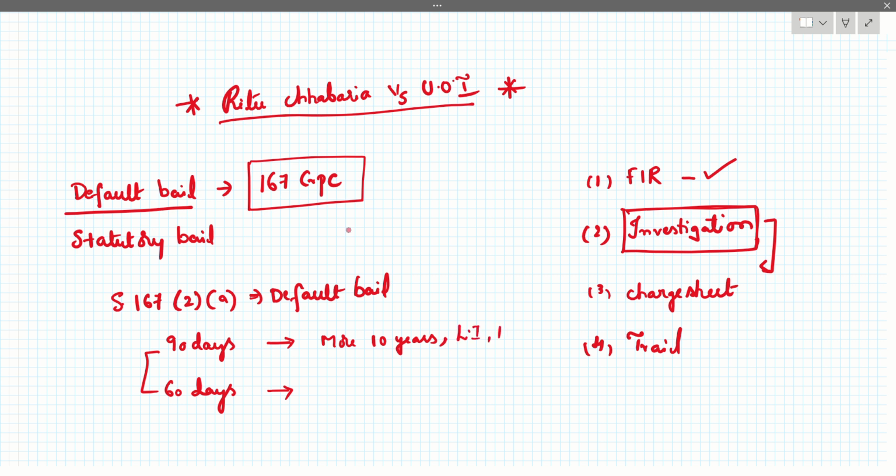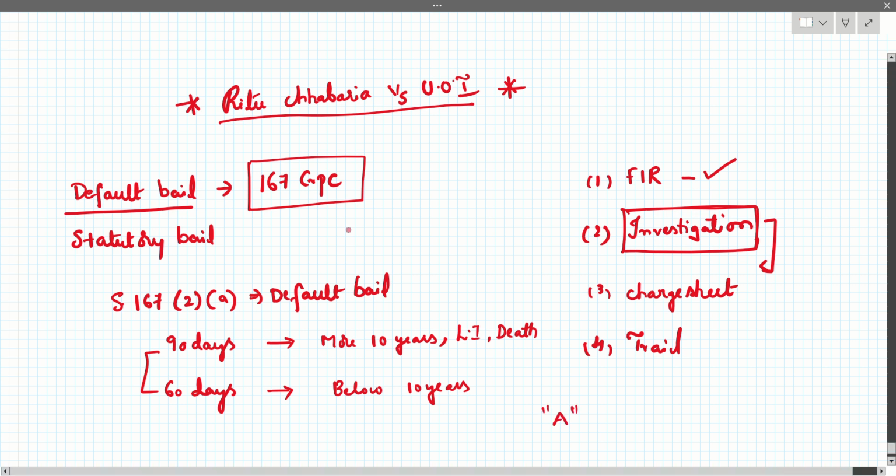For any other offenses, that means below 10 years, for example 7 years, if A committed an offense for which the punishment is 7 years, then A can be kept in custody in the name of investigation up to 60 days.